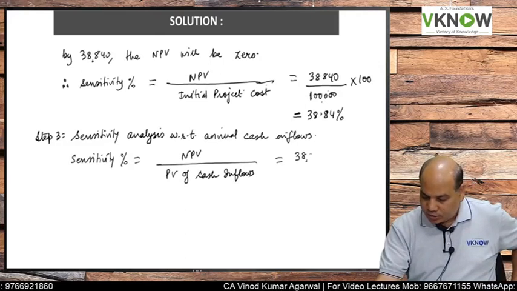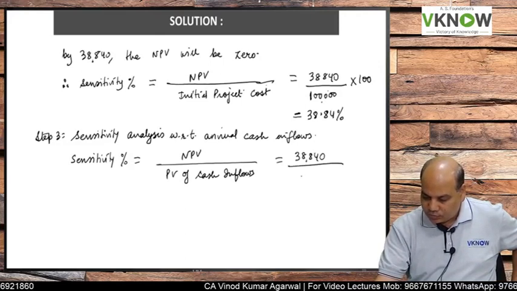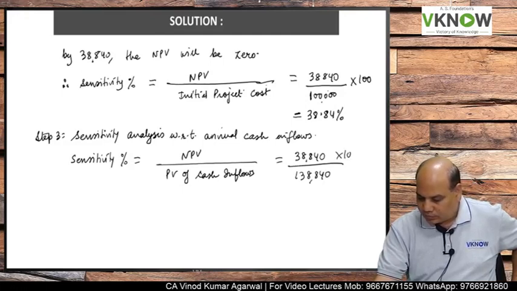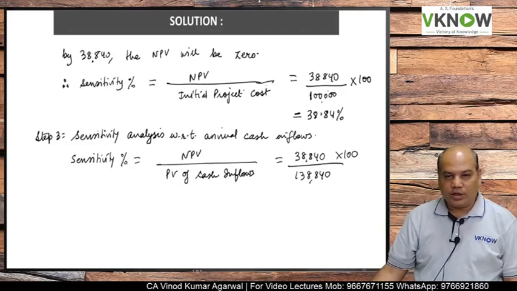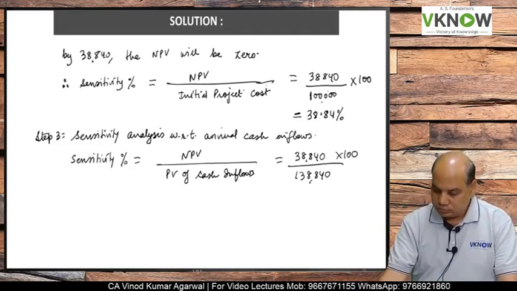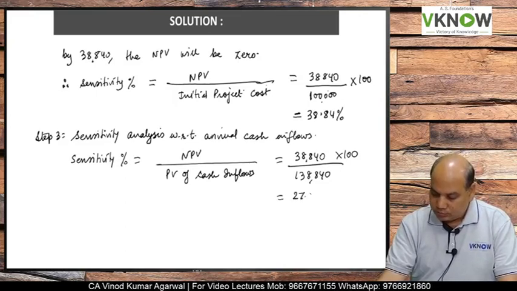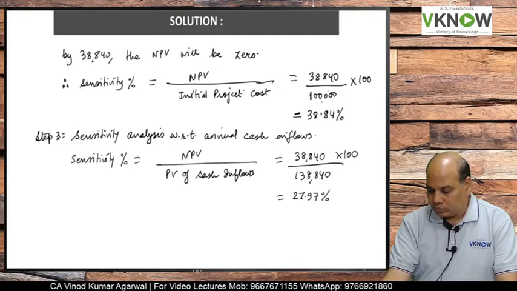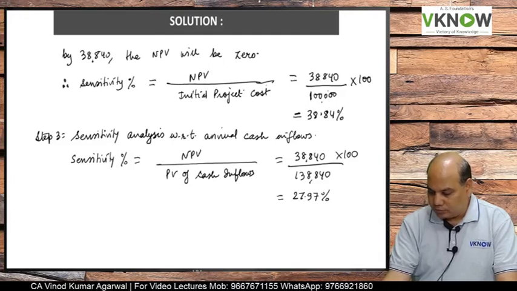So you have 38,840 divided by 138,840 into 100, which is 27.97%.